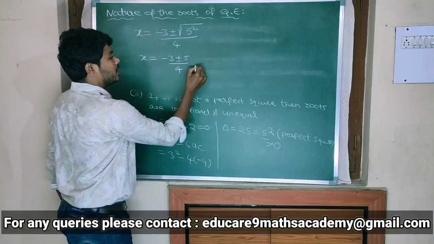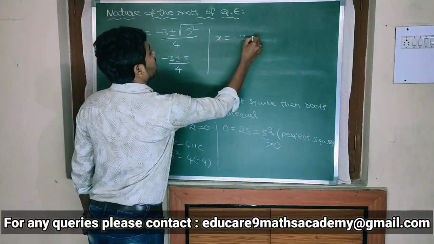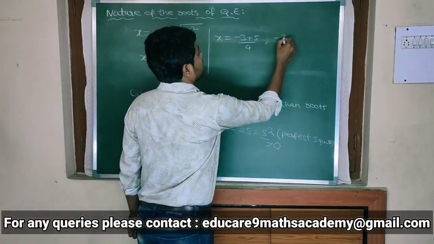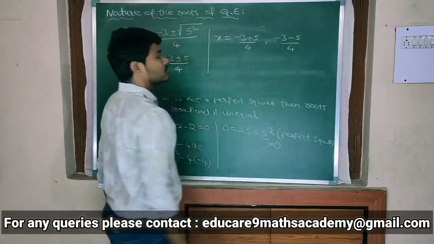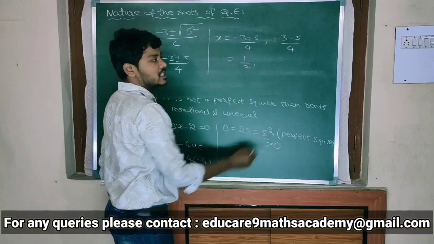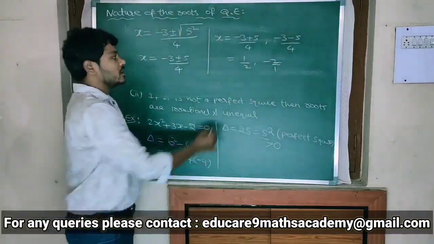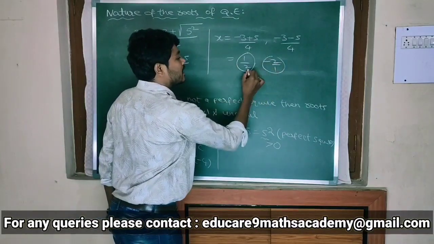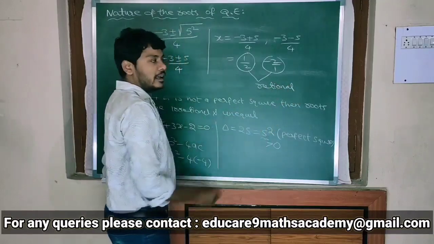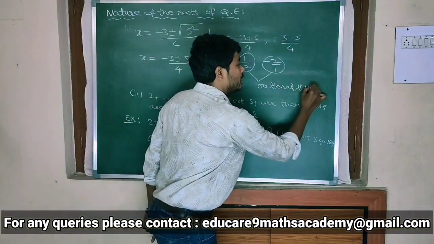So we have two possibilities of x. One is x is equal to minus 3 plus 5 by 4, and another one is minus 3 minus 5 by 4. So this is 2 by 4, that is 1 by 2, and this is minus 8 by 4, minus 2. So clearly, these are rational numbers, and both roots are unequal.